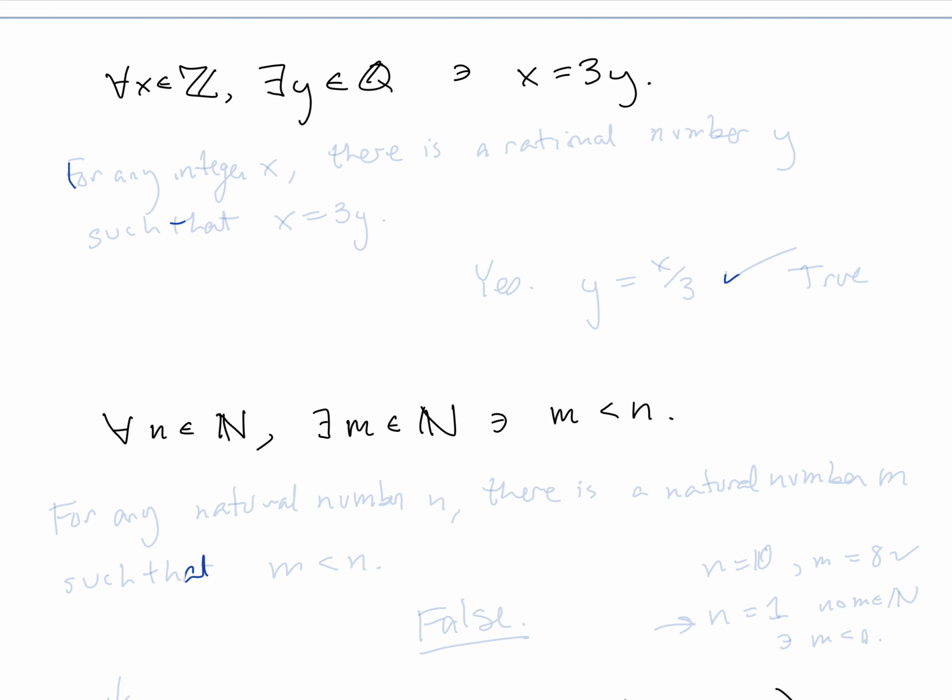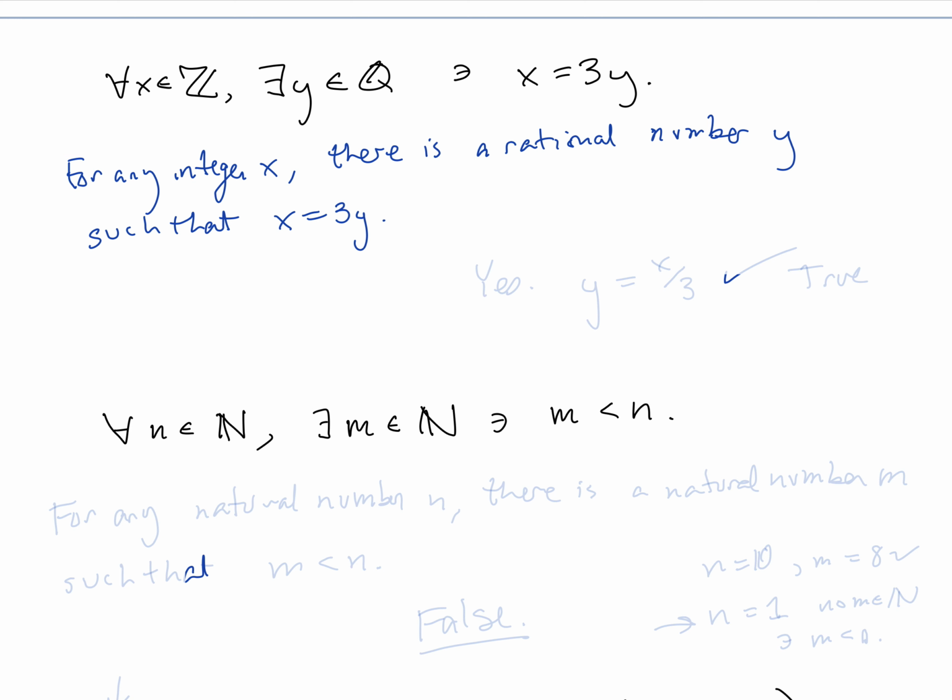Or if we're writing that out, for any integer x, there is a y in the rational numbers, or we could just say a rational number y, such that x is equal to 3y. So that would be writing this out in English. We do still have the is equal to, which we could write out in words if we wish, but it's not really necessary.